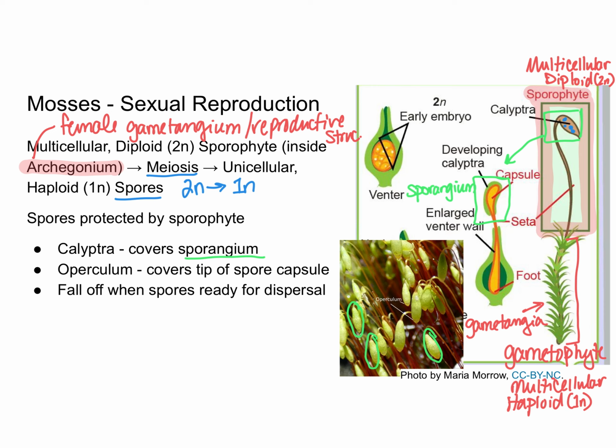And the sporangium has this calyptra that is a protective coat around the spores inside the sporangium. There's also this structure called an operculum, which is the cap over the sporangium. When the spores are mature and ready to be dispersed, the operculum is going to fall off and those spores are going to be released into the environment.